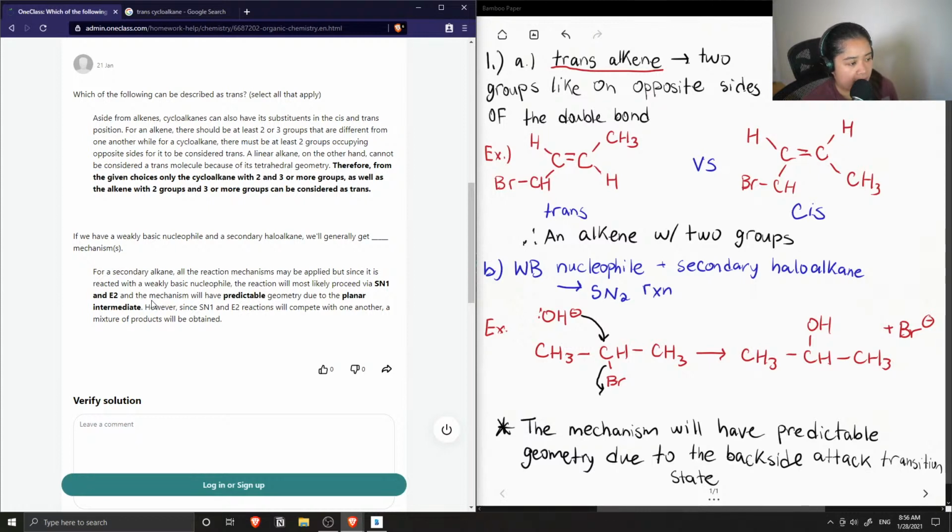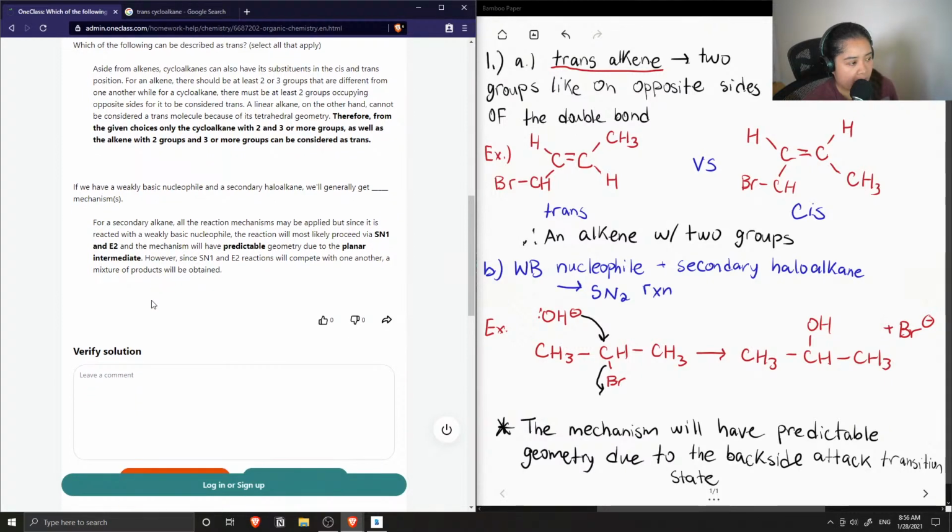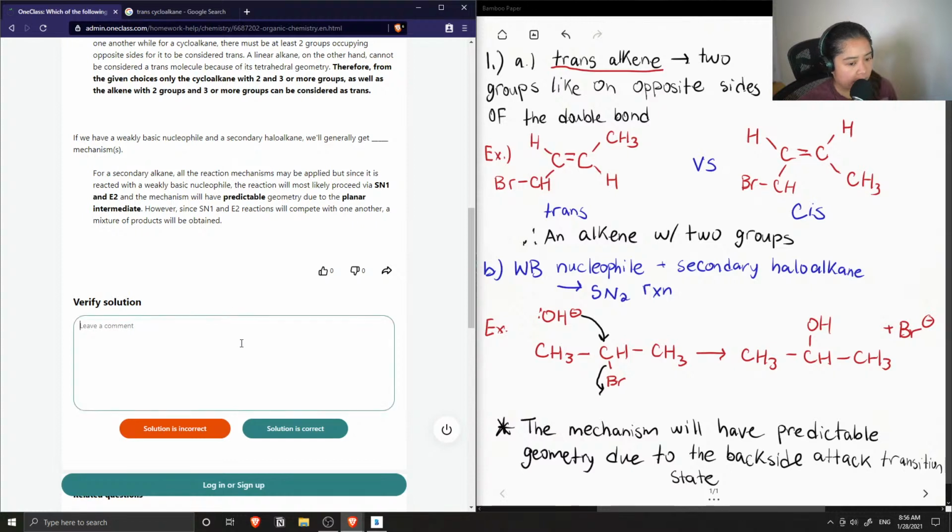However, since SN1 and E2 reactions will compete with one another, a mixture of products will be obtained. Okay, so I'd say this solution is still correct. They gave a lot of examples, but I'll still say that for the second one, an SN2 reaction could probably still occur as well.